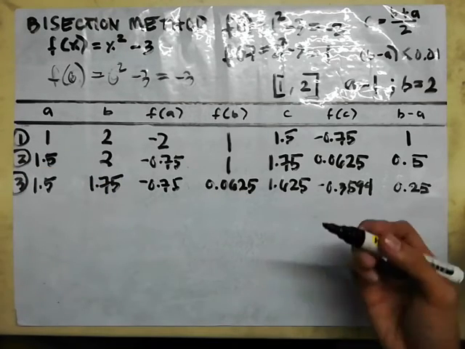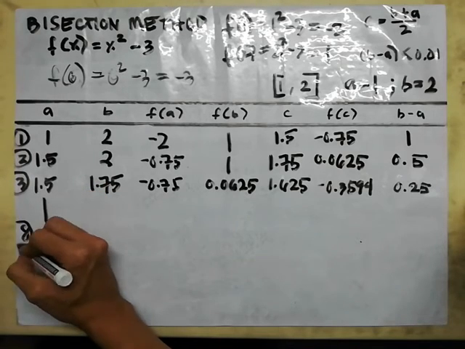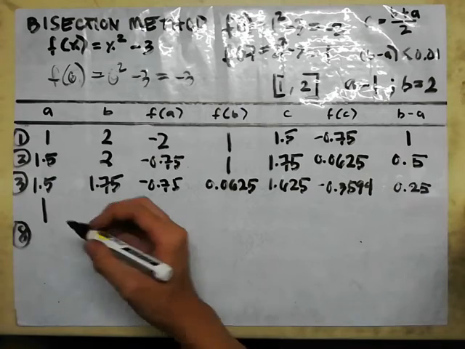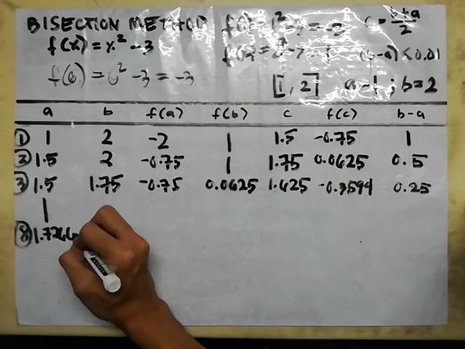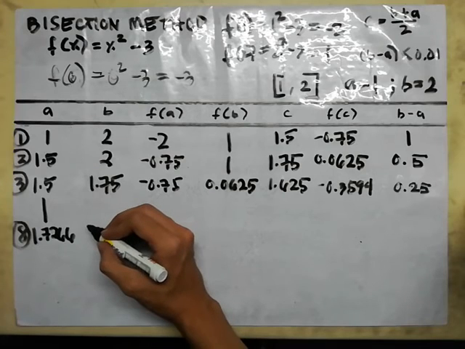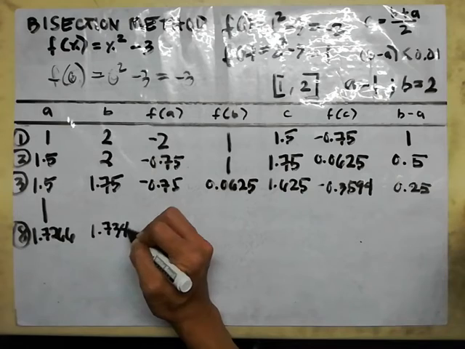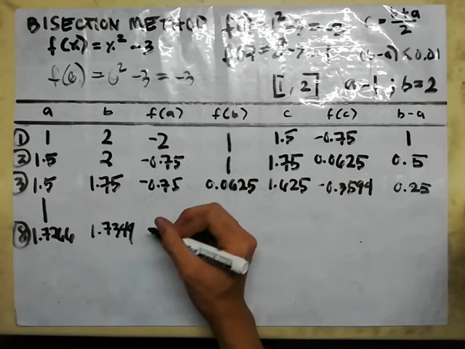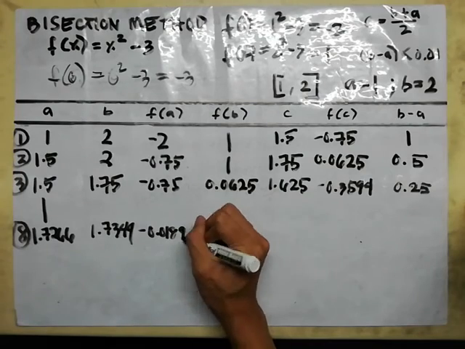If we continue this to the 8th iteration, we will get a of 1.7266. For b, we have 1.7344. The function of a is negative 0.0189.